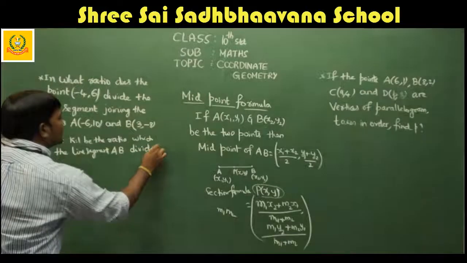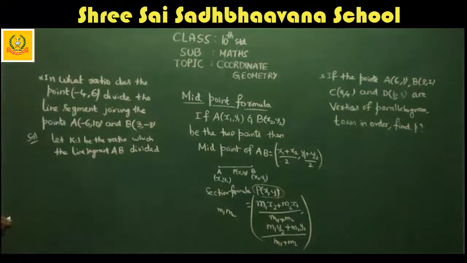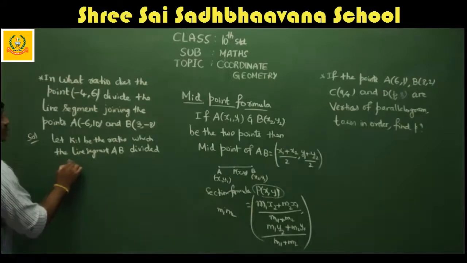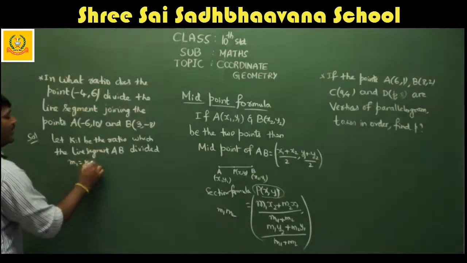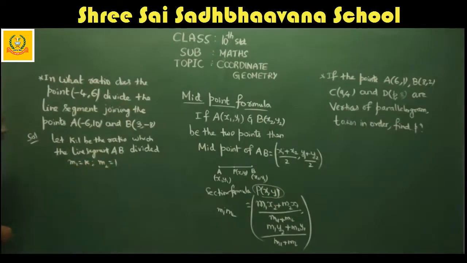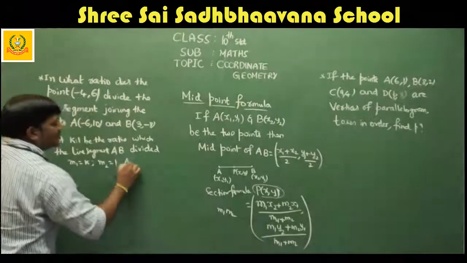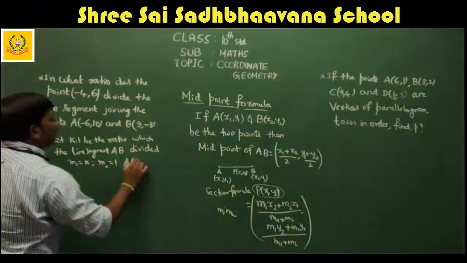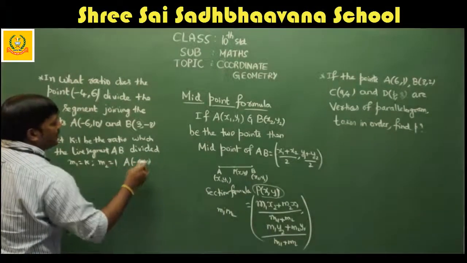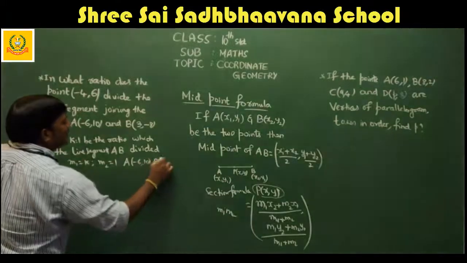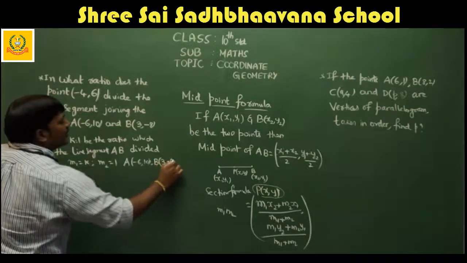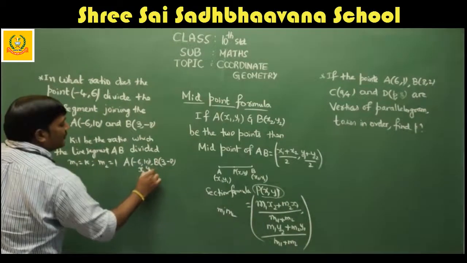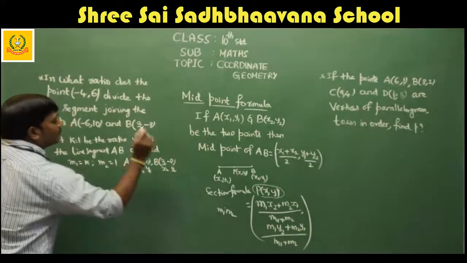We assume the ratio as k is to 1, so m1 is k and m2 is 1. Also we have A, which is the point (minus 6, 10), and B is (3, minus 8). You take A as x1, y1 and B as x2, y2.